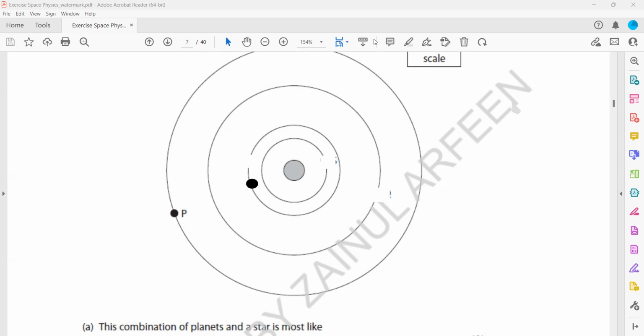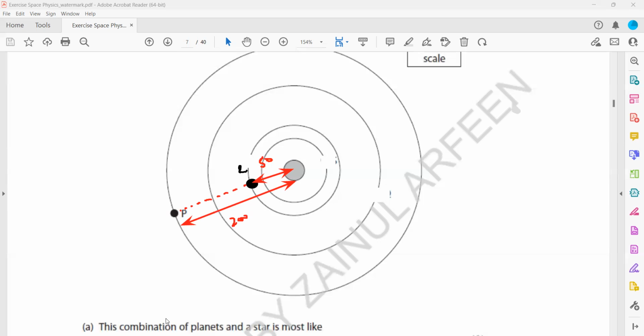The distance of R from this star is 50. And the distance of P from the star is 200. So how much is the distance between P and R? What is this distance?